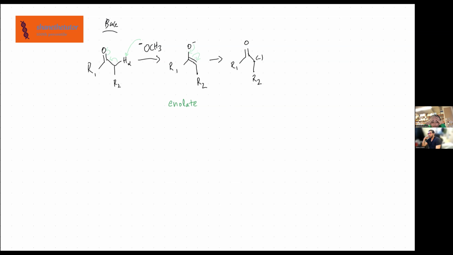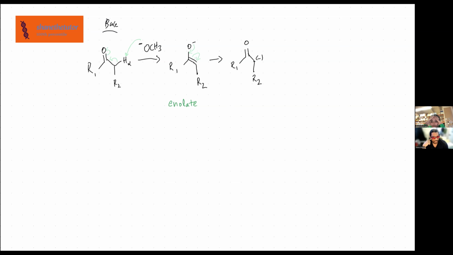So we're going to have this happening. Basically, the enolate is that anionic compound, and it's going to nucleophilically attack the carbonyl like we usually see.